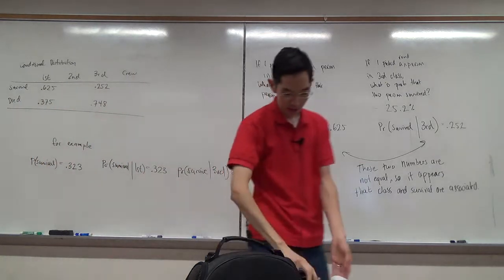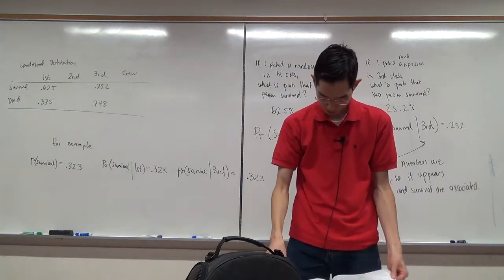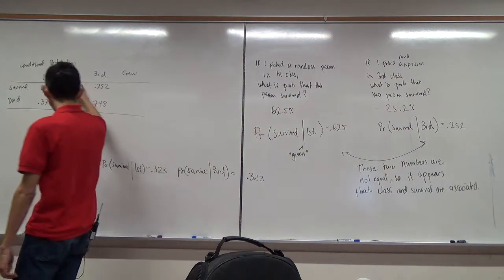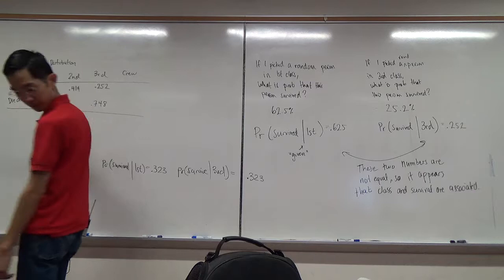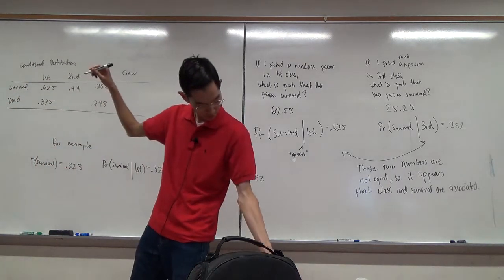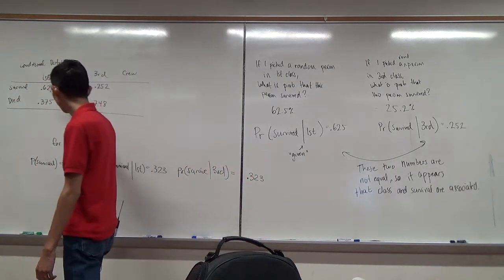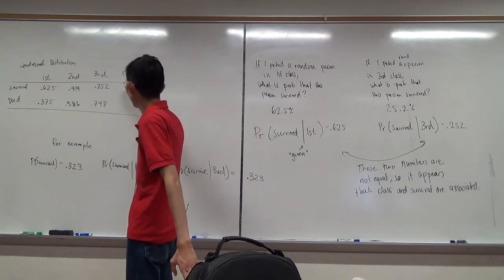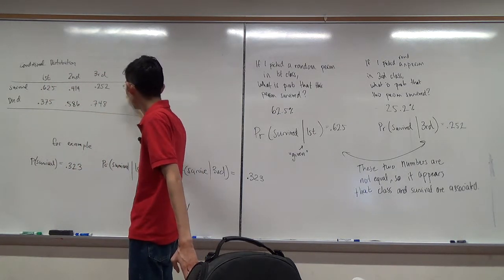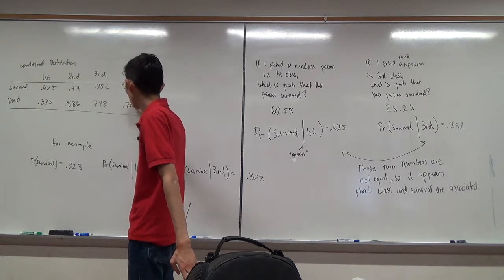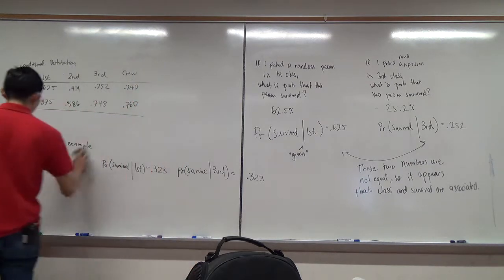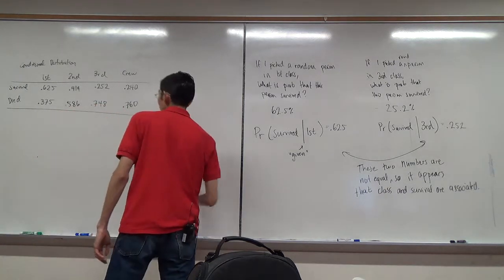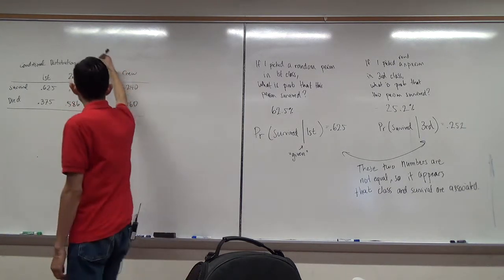And if I fill in the rest, I have 0.414, 0.586, and 0.240, which means 0.760. So this would be the conditional distribution based on class.